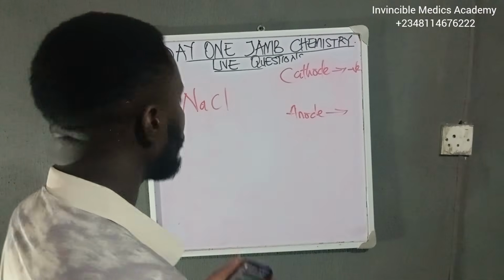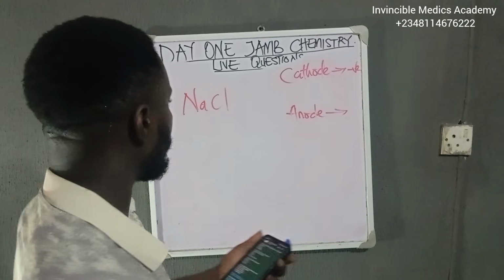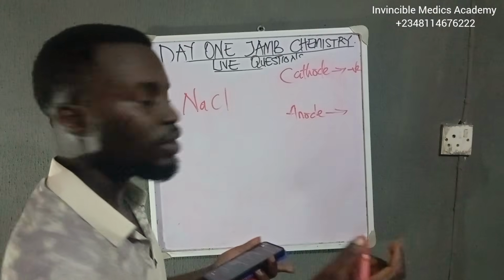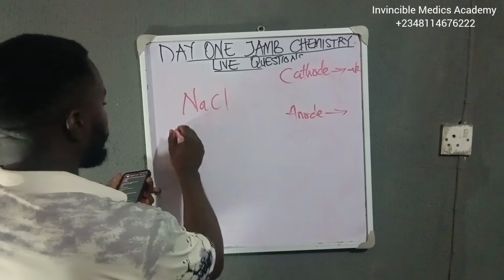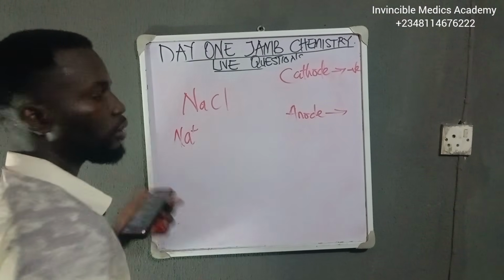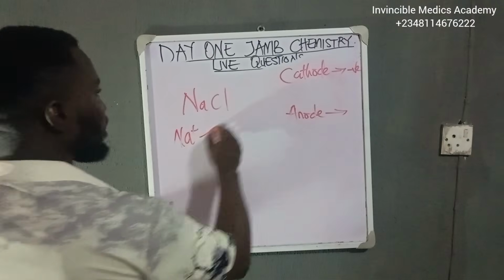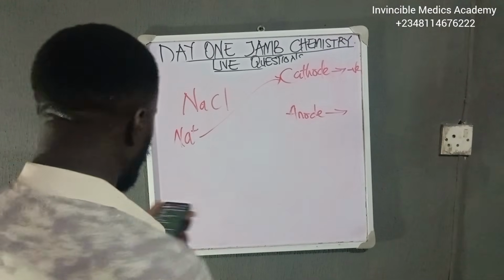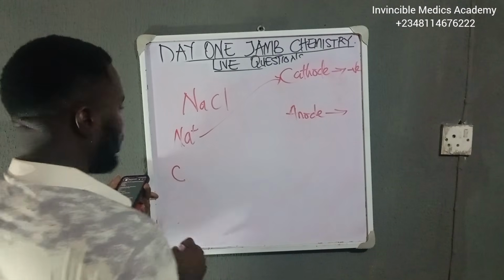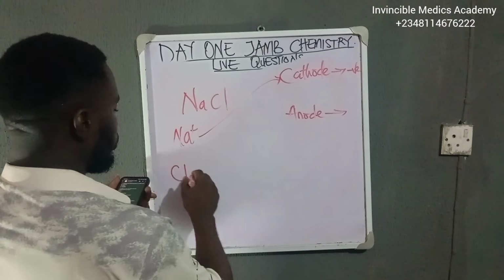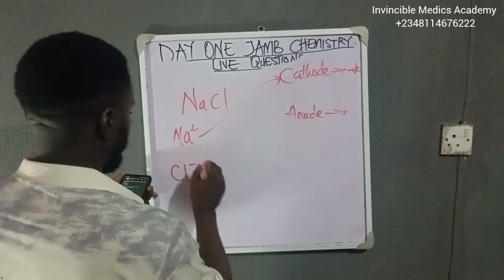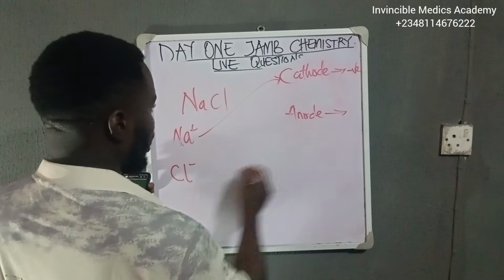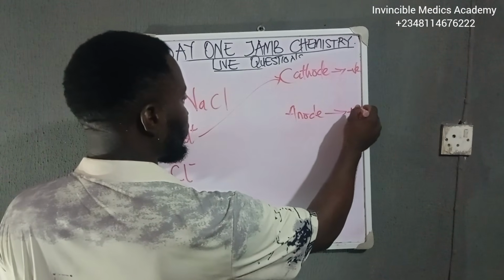So now, sodium will lose an electron, right? If sodium loses an electron, it will attain a positive charge, making it attracted to the cathode, right? If chlorine gains an electron, it will attain a negative charge, making it attracted to the positive electrode.